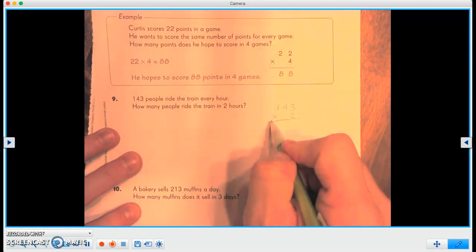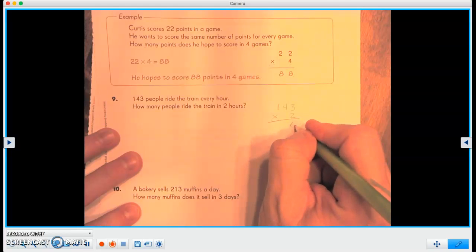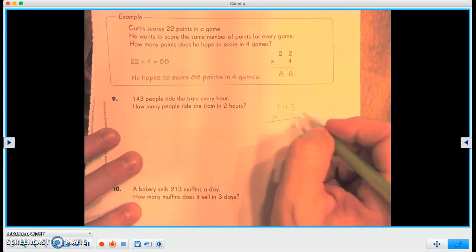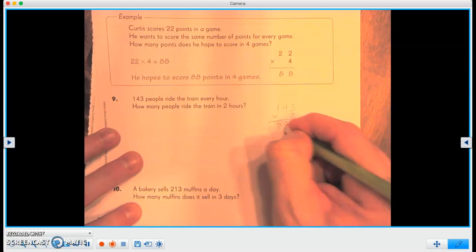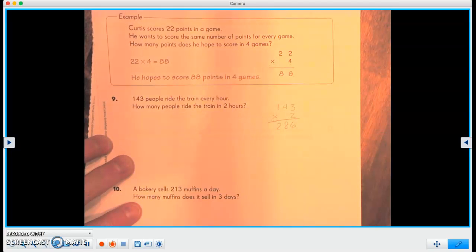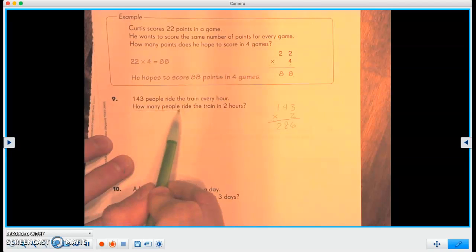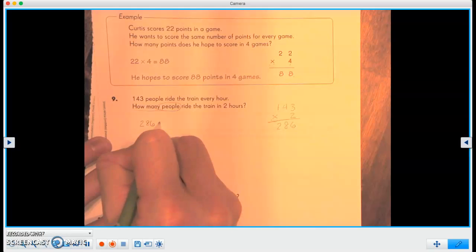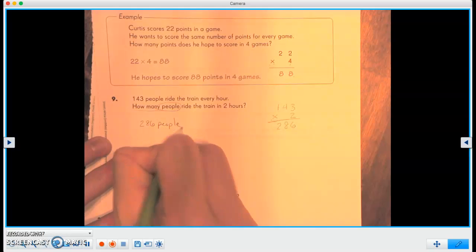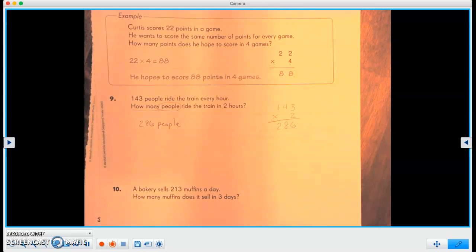So we're going to go 3 times 2 is 6. 4 times 2 is 8. And 1 times 2 equals 2. So that would be how many people ride the train in 2 hours? 286 people.